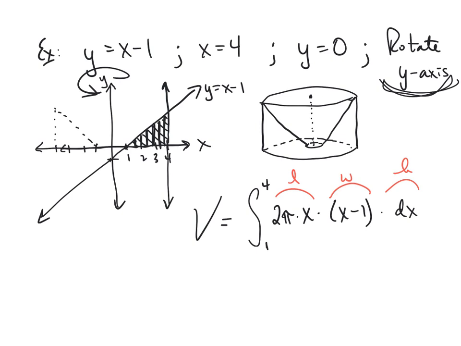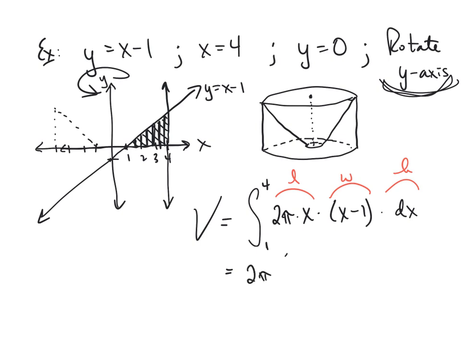The width is in terms of x, and the height is the differential dx. So the important part, when you start doing these for your assignment, when you do these on your test, probably about 60% of the value of the problem is going to be in the setup, what I've just written down.